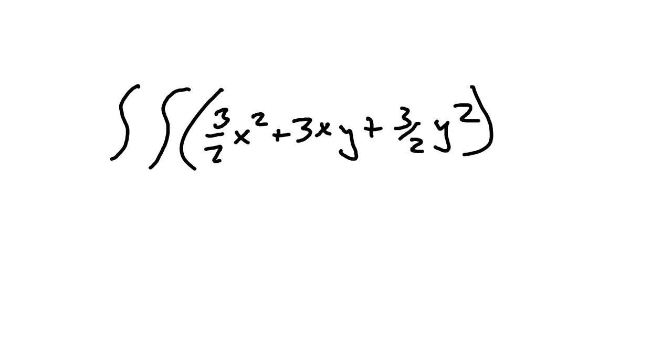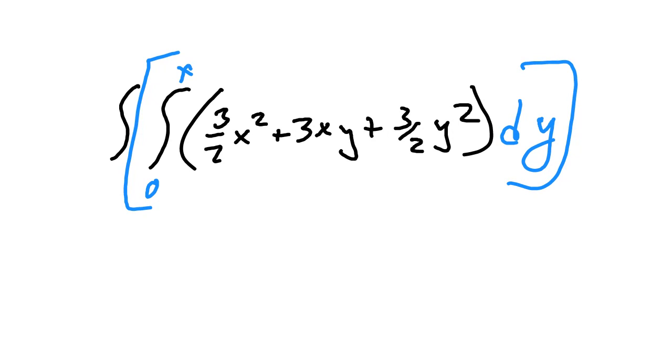And then I still have to do dy. I can't remember if that was blue or what. I think it was. And this is from 0 to x, right? So I got to do that next, where y is a function of x. And then last but not least, I'll do the dx, which goes from 0 to 1.